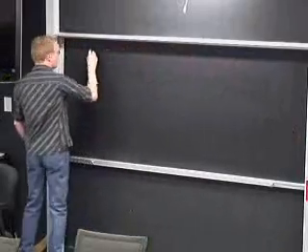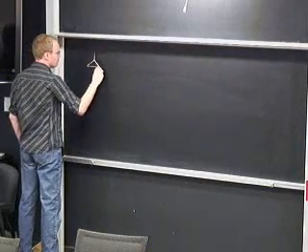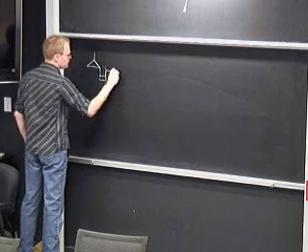Basically what we're doing is diagonalizing the scaling superoperator, which looks like this.